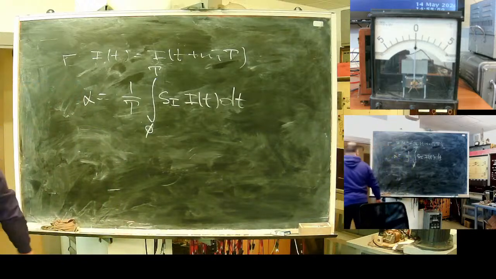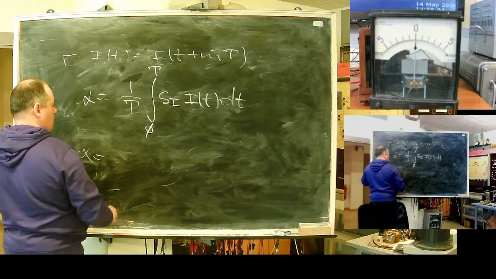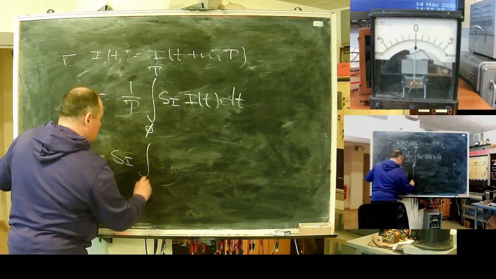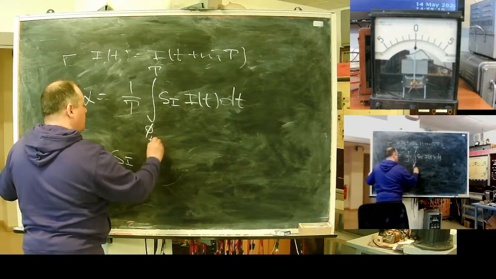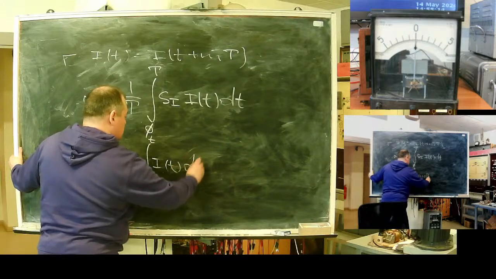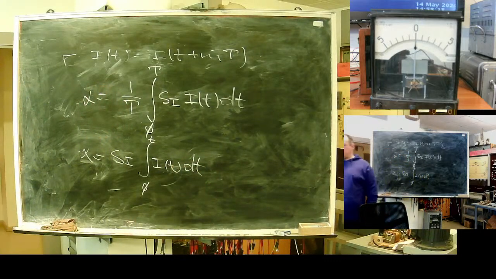If non-periodic, alpha will again be a constant times the integral from 0 to time of E times d time. You can use such a measurement instrument as a mechanical, electromechanical integrator.